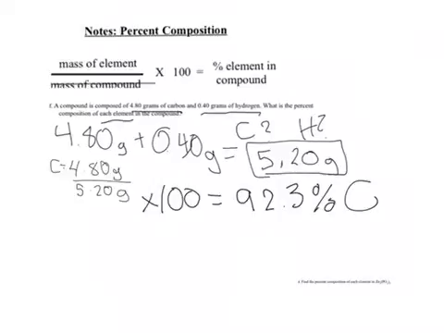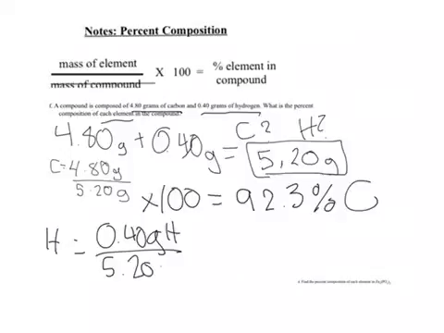Now we need to figure out what is our percent hydrogen. So again, it's the same formula. Hydrogen's mass was given to us as 0.40 grams of H divided by the total mass of the compound, still 5.20 grams. We multiply that by 100 and we get 7.7% hydrogen.